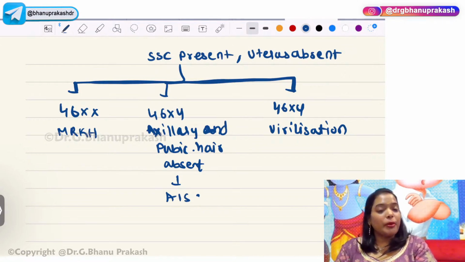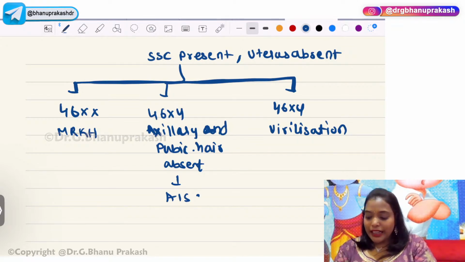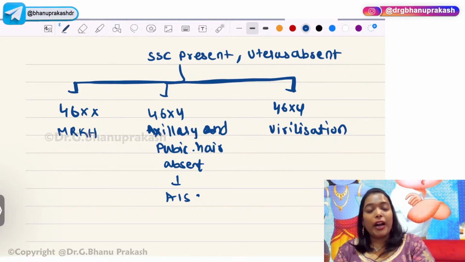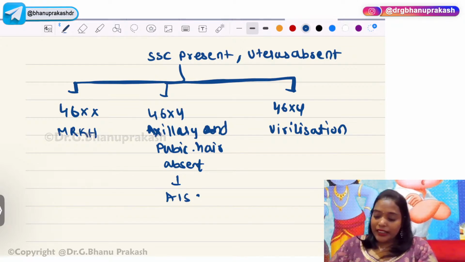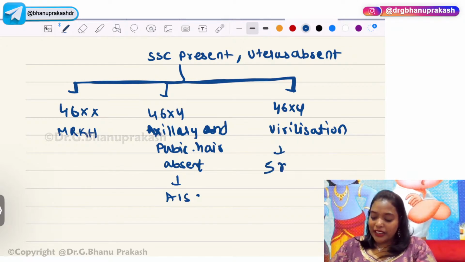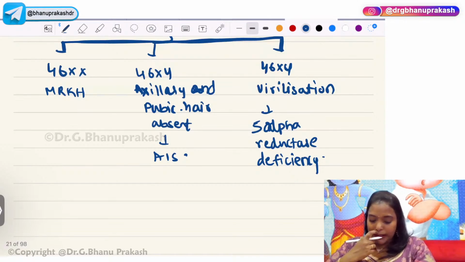If breast is present, but axillary and pubic hair are absent, then it is AIS. If breast is absent, but axillary pubic hair, beard, clitomegaly, all like male are present, then it is 5-alpha reductase deficiency.